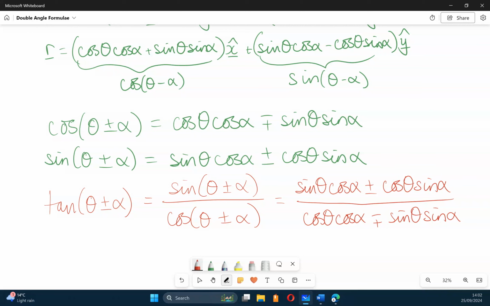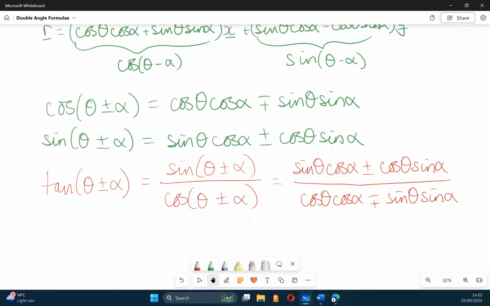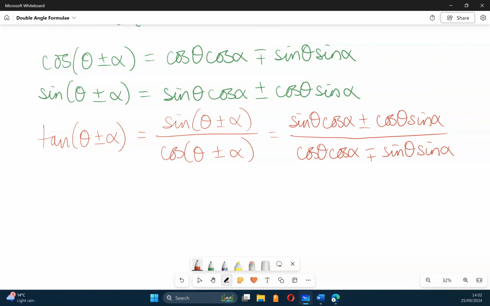Because we want to get everything in terms of tans, we want sines over cosines. So we're going to divide through by cosine theta and cosine alpha.